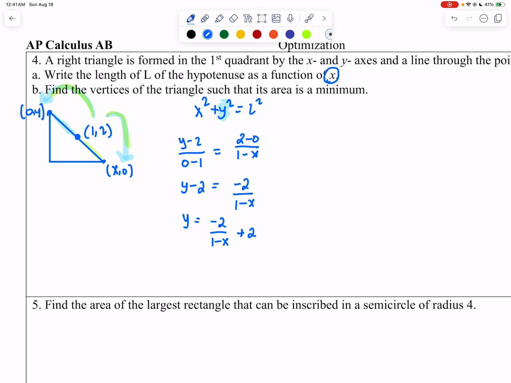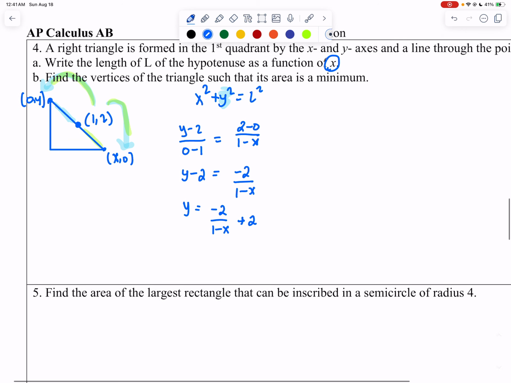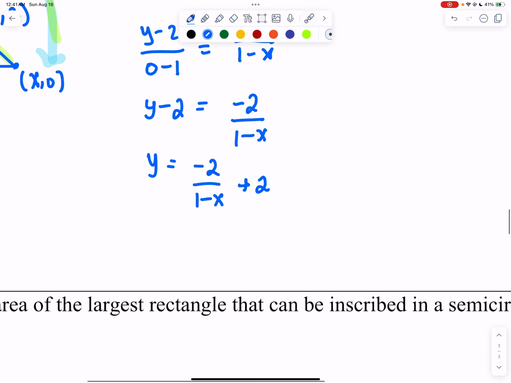Now, to make my life easier, I do like my variable here to be positive. So I'm going to factor out a negative 1. If I factor out a negative, I'm going to get x minus 1. I have a negative 2 on top, so the negatives will cancel out, meaning that I'm just left with an x minus 1 on the bottom and a regular 2 on top.